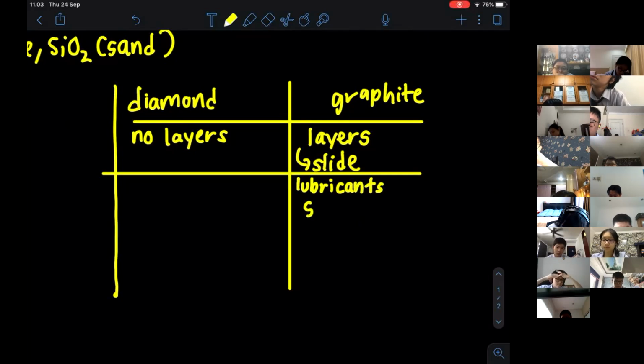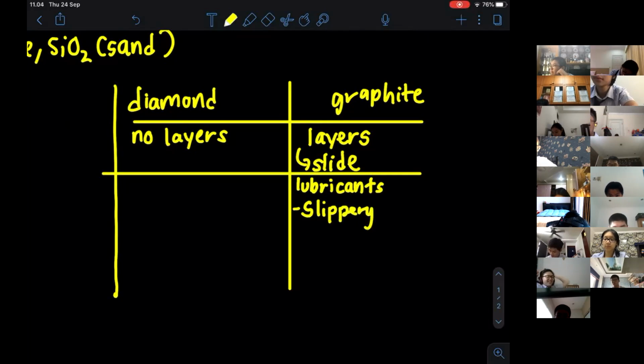Starts with S. Slippery? Yes, slippery. The layers being able to slide will give you the property of being slippery. So it is kind of soft, and it will be used as a lubricant.